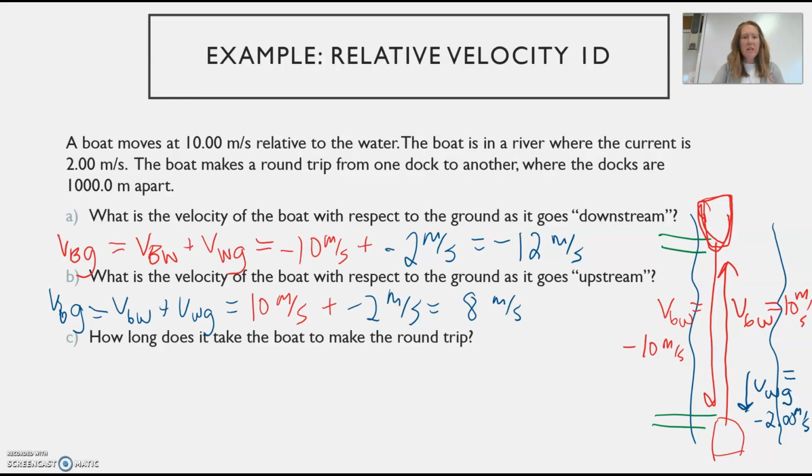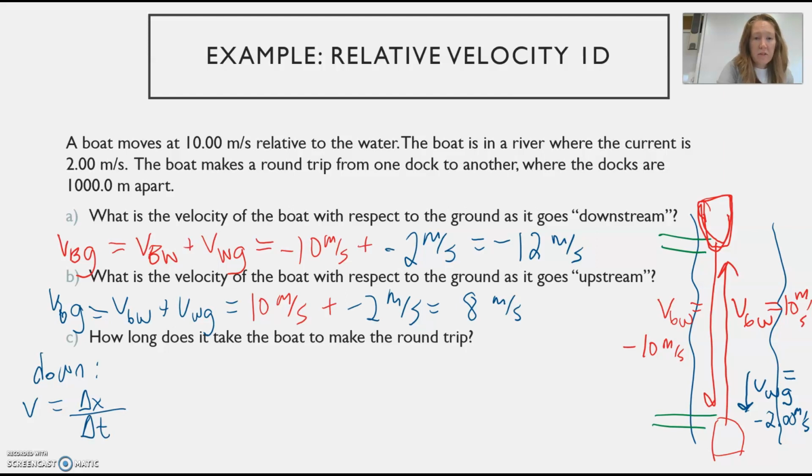Okay. And then it asks, how long does it take the boat to make the round trip? Well, they do tell us the distance between the docks, right? But we're going to have to do this in 2 pieces. So let's do the downstream. This is a constant velocity, so velocity equals the change in x over the change in time.